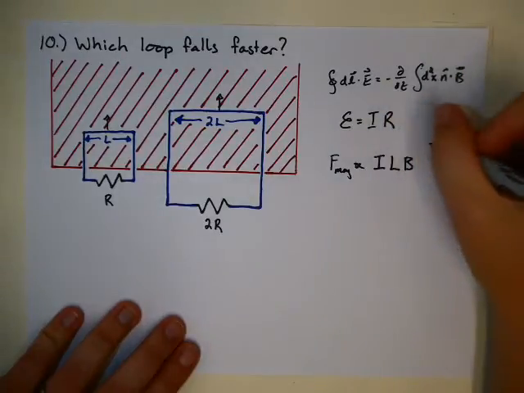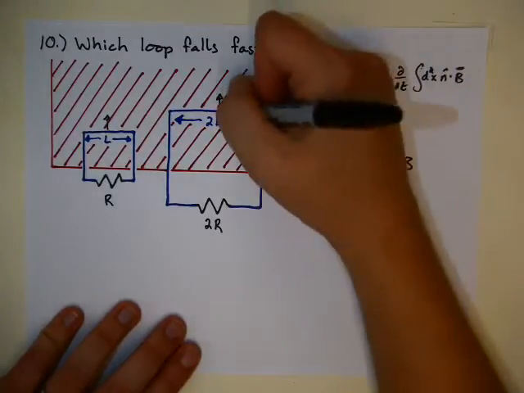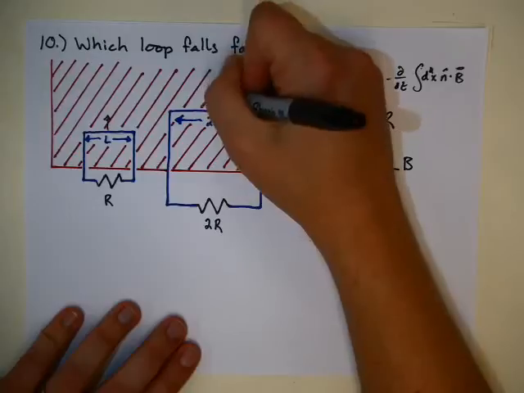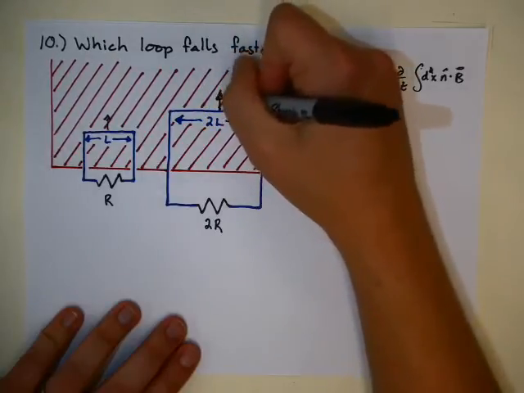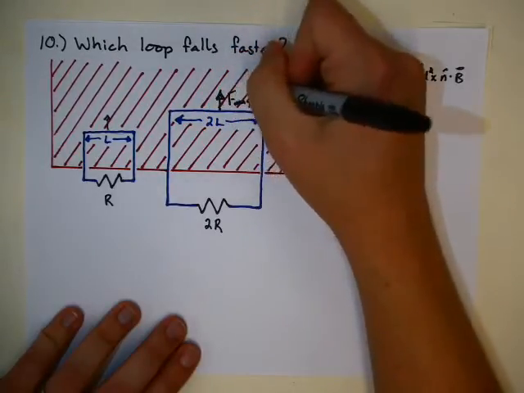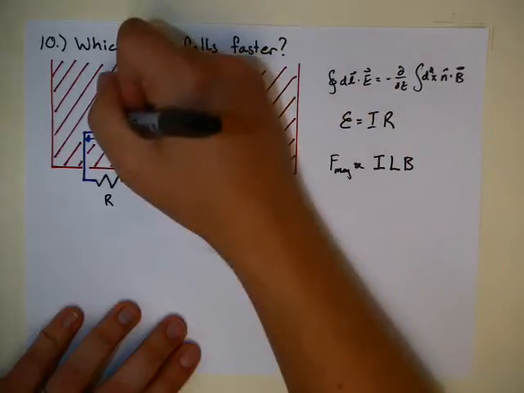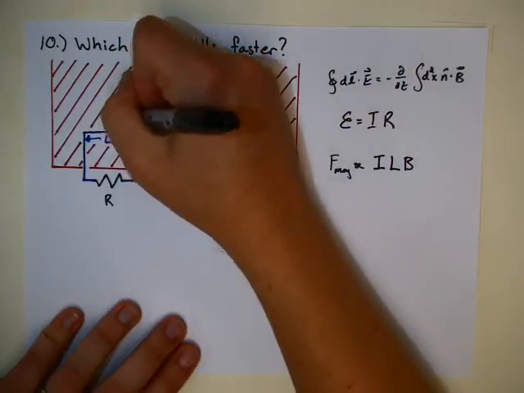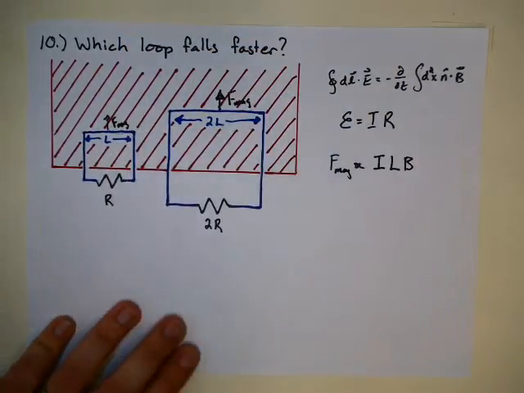The current's the same, the size of the magnetic field is the same. This one will have a magnetic force that is twice as large. So F mag is going to be twice as large as here. So I'm going to have a smaller magnetic force here than here.